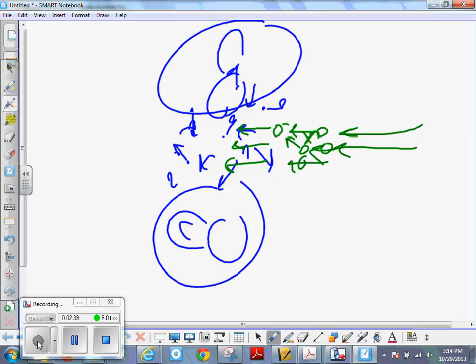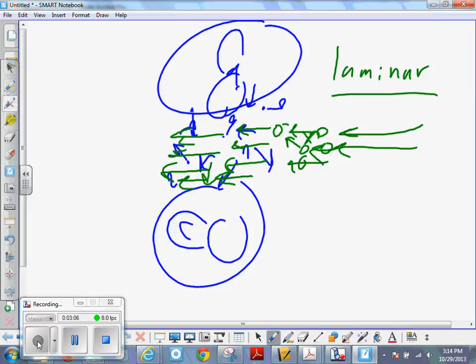So when we have laminar flow, that constant random motion becomes less random, and instead of the particles going in all directions, this one gets hit and starts going that way. Do you see what I'm saying? And so now most of the particles in this little area are going in one direction.